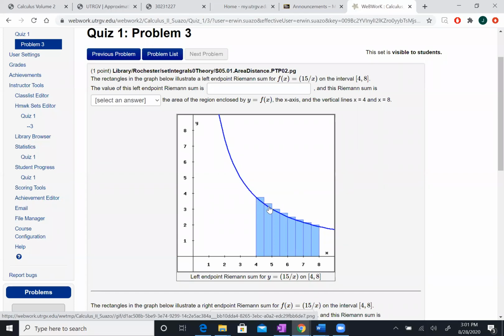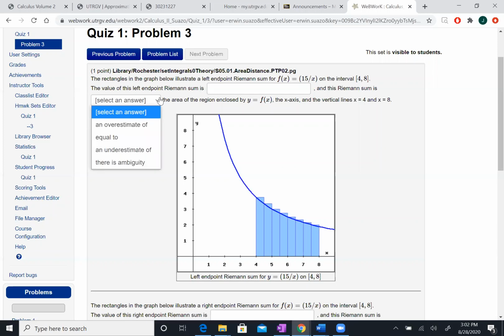So the question here is, the value of this left endpoint Riemann sum is. So I hope you guys can do that. And this Riemann sum is overestimate, equal, underestimate. There is an ambiguity.